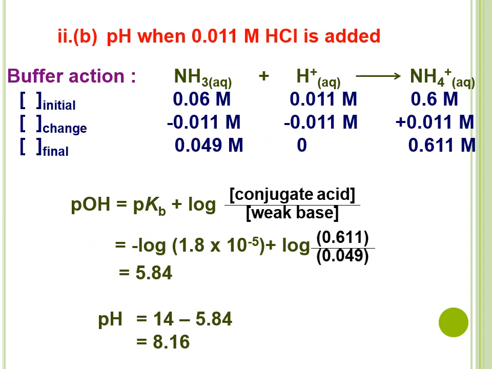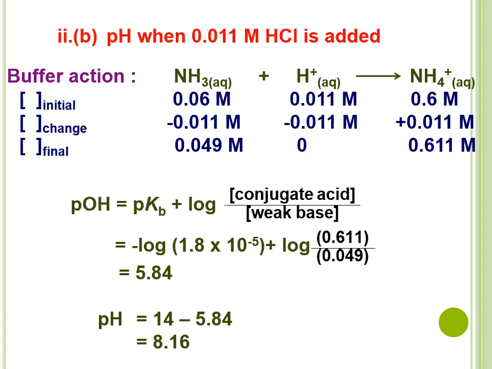Finally, we are adding a certain amount of H+ into the buffer system. That H plus is going to react with the weak base ammonia, and it will become ammonium ion. The initial concentration is 0.06. H plus is 0.011. Ammonium ion is 0.6. And the change would be negative x, positive x. The x would be the concentration of H plus.